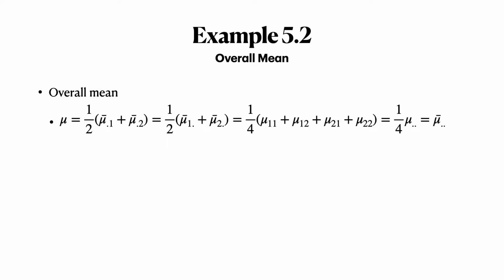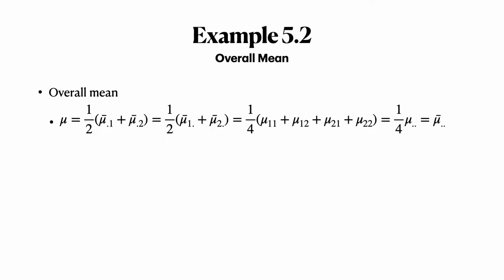And then finally we're going to calculate the overall mean, and as before we can calculate the overall mean in three different ways. First, as the mean of the column means, the arithmetic mean of the means of the levels of factor B. That's the first expression. We can also calculate the overall arithmetic mean of the treatment combinations as the arithmetic mean of the row means.